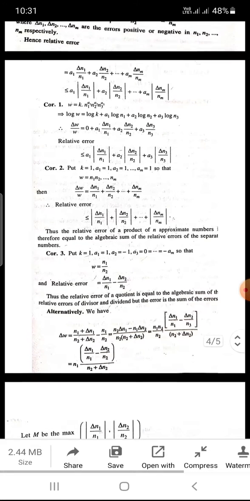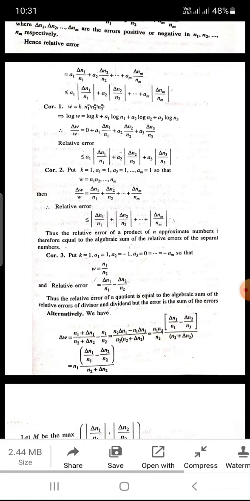So relative error will be less than or equal to mod delta n1 upon n1 plus mod delta n2 upon n2 up till mod delta nm upon nm. Thus we see that the relative error of a product of n approximate numbers is equal to the algebraic sum of the relative errors of the separate numbers.